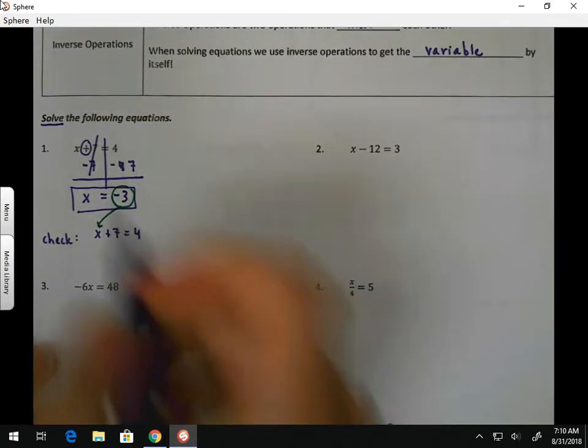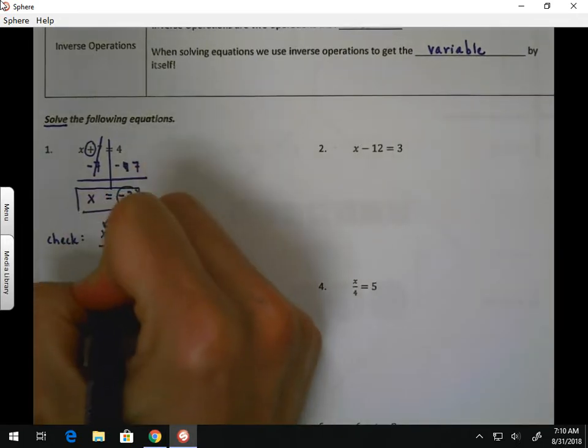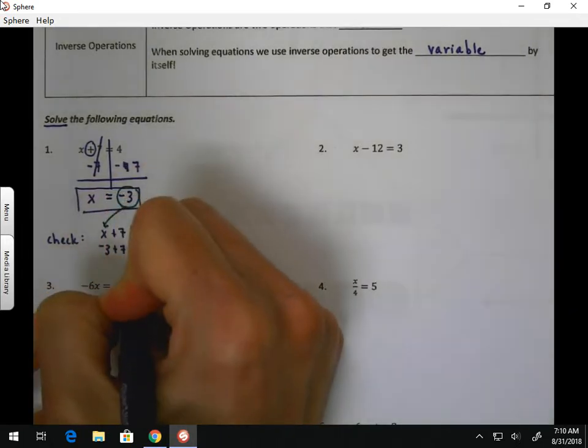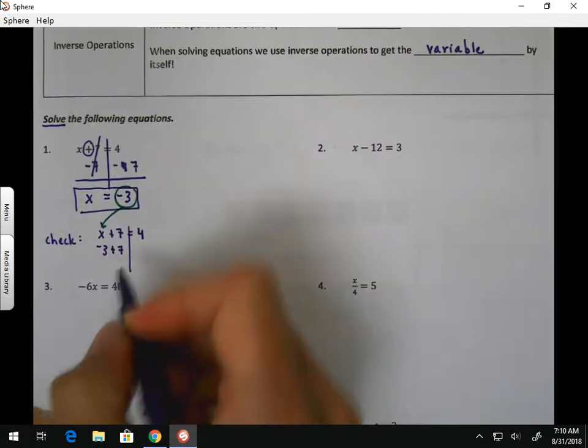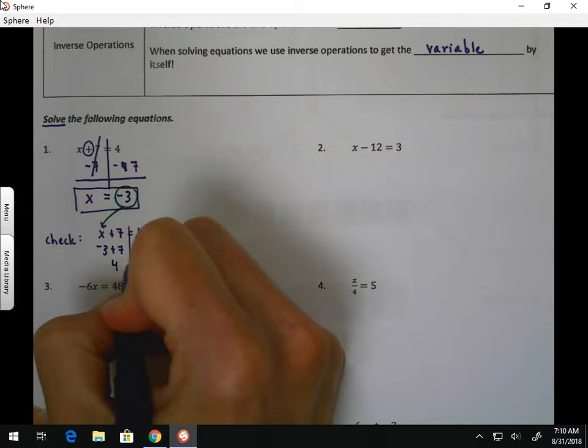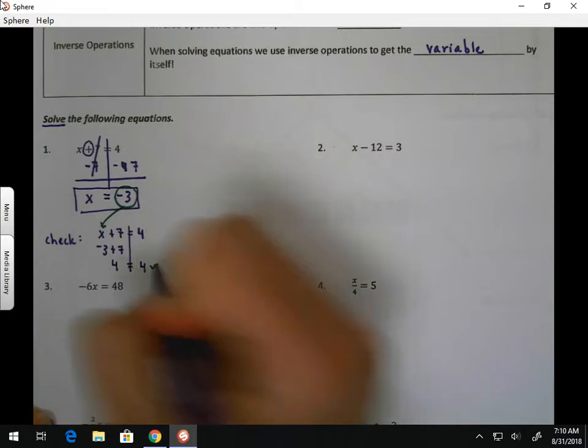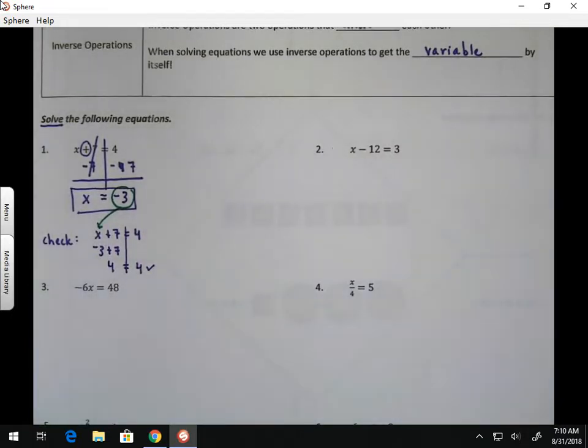So I would write negative 3 plus 7. Now, if I go into my calculator and I do negative 3 plus 7, I get positive 4, which equals the right side, and I know I got the right solution. I highly recommend you take the time to check your answers so you know, particularly on a quiz or a test, that you've done this correctly.